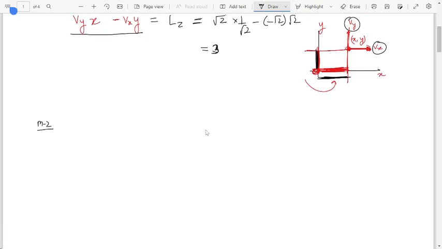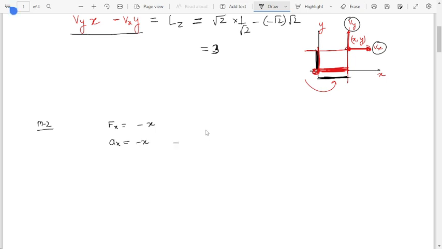For method number 2, Fx is given as minus x because the value of k was 1, and the mass is also 1. So we can say that ax is equal to minus x.